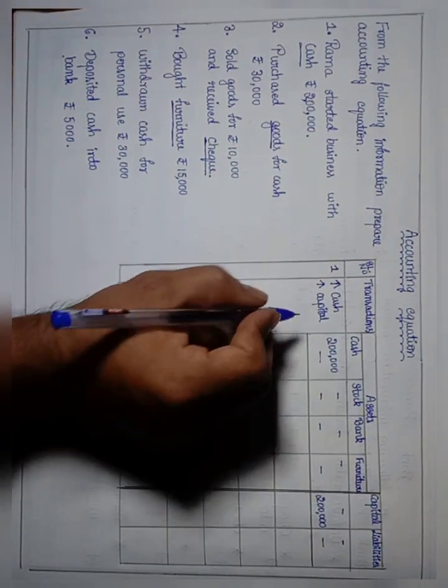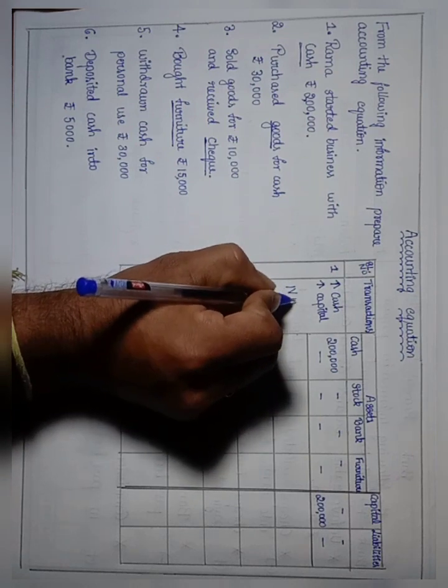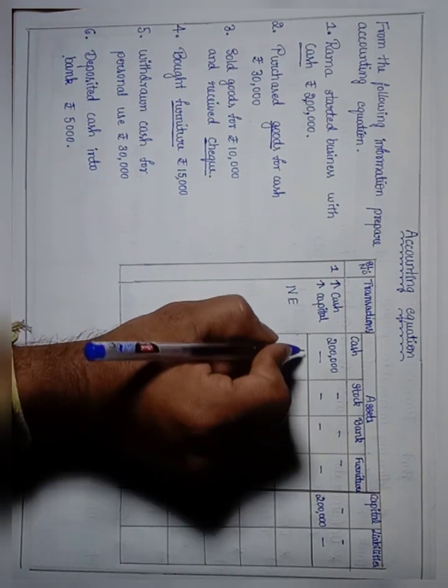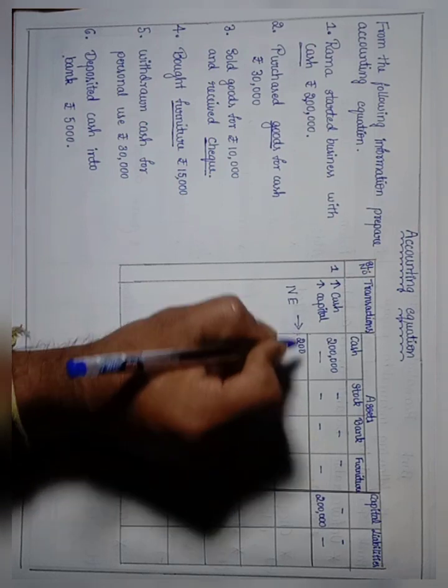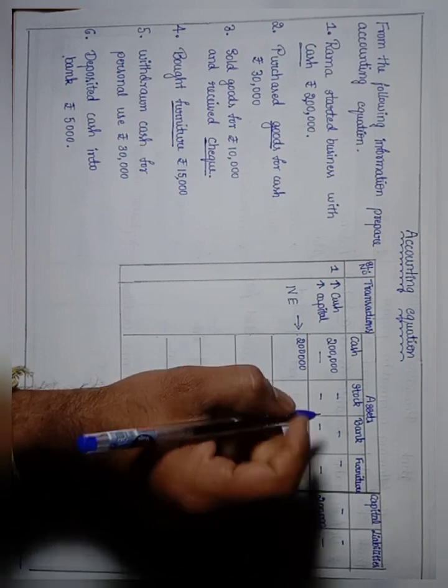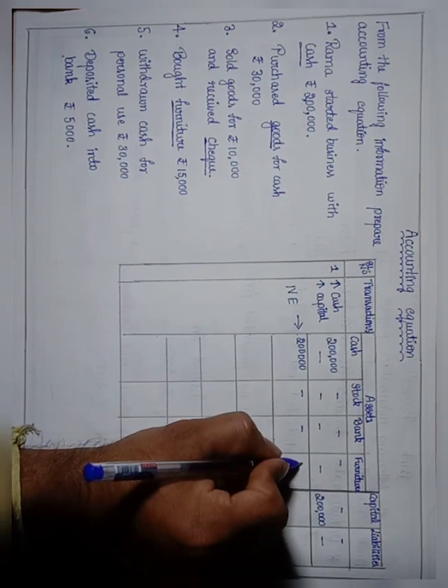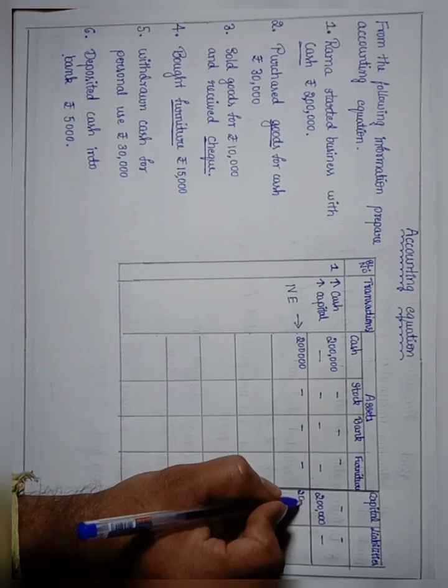Then when we see this equation, after this transaction, we are having 2 lakh rupees worth of capital and we are having 2 lakh rupees worth of cash, and we don't have any other things.